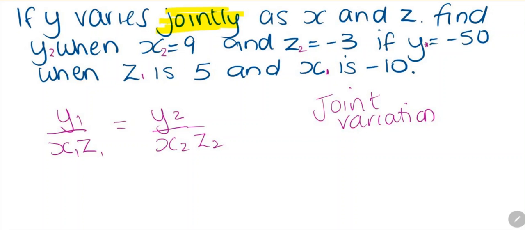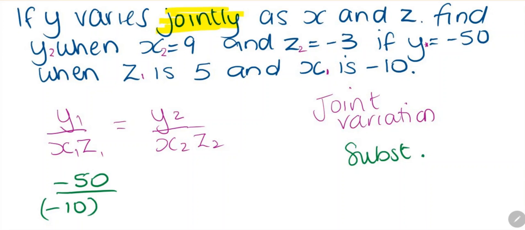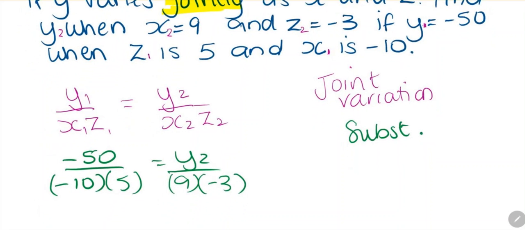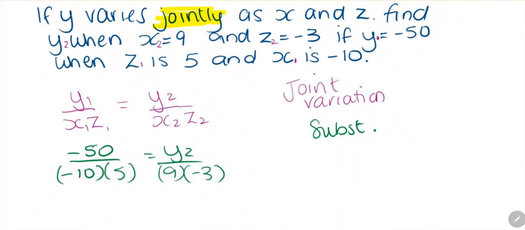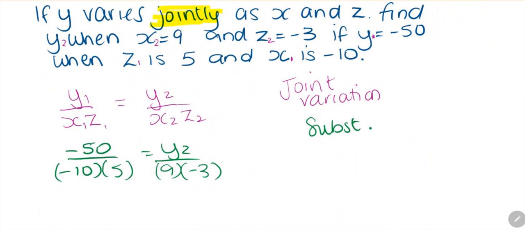So now we're going to simply substitute in the values that we know. y1 is minus 50, x1 is minus 10, and z1 is 5. y2 we're needing to find, x2 is 9, and z2 is minus 3. So we can now multiply out these values.